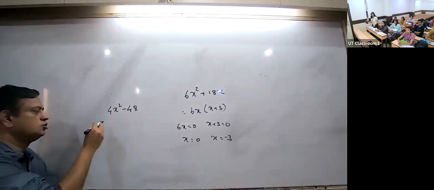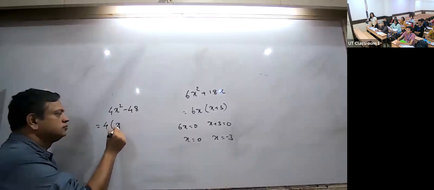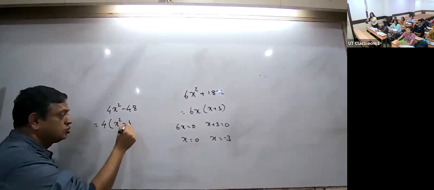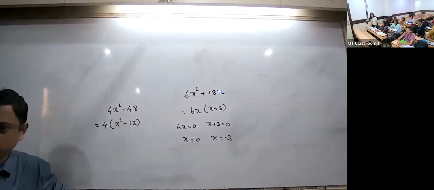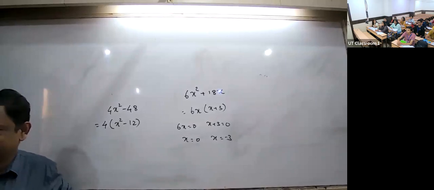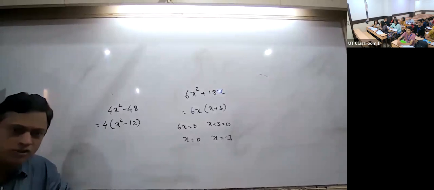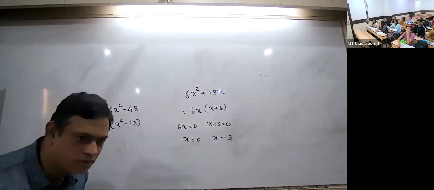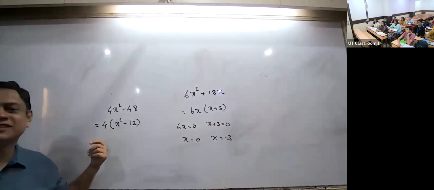First thing, 4 is common. What is left over? x square minus 12. Now, how do you factor it? That is not factored further. Somewhere we can use x square minus b square. So tell me how. It's easy, no? What happened? Not followed. She gave the answer and she is telling me she has not followed.